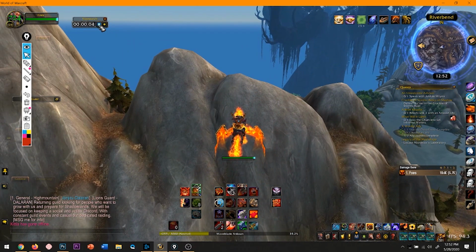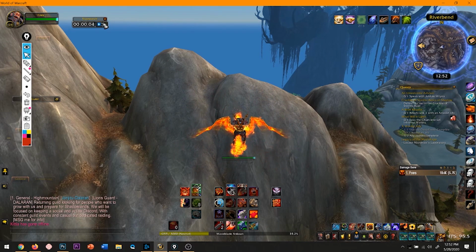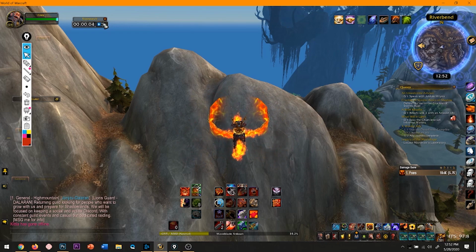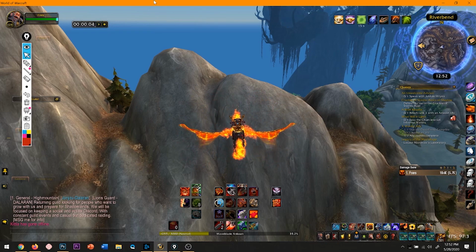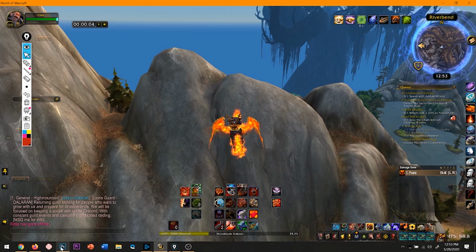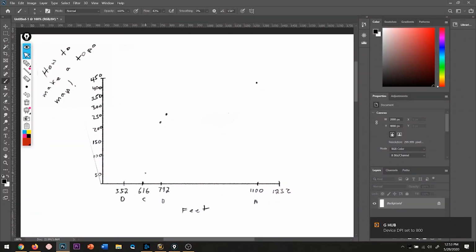So that was 2 seconds. It's 176 feet. So now we go back to Photoshop. So at C, we have 176 feet. So that's got to go around way lower. So I'm going to put this dot right here.